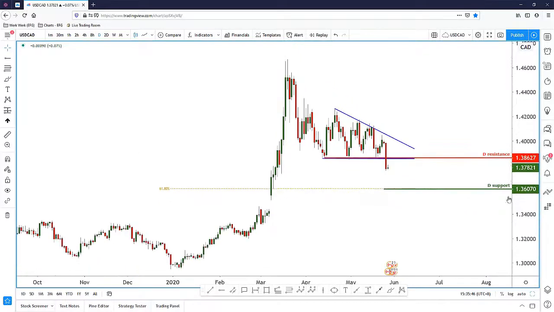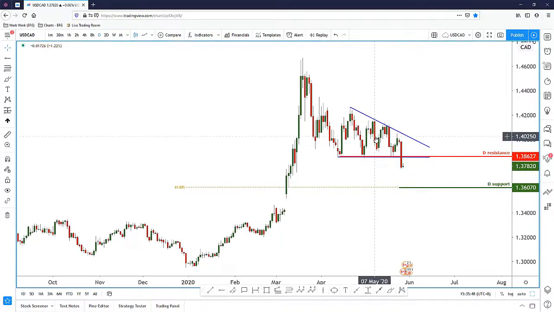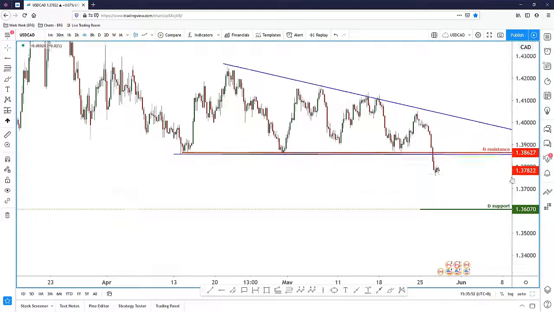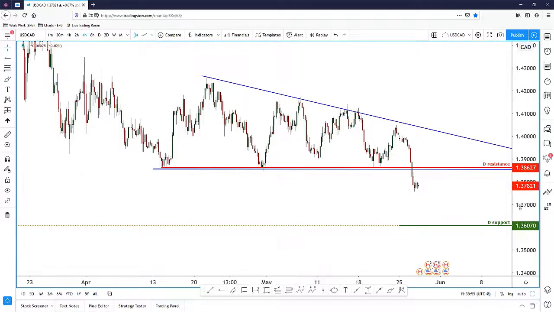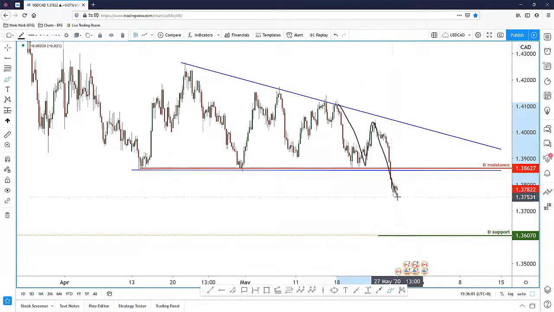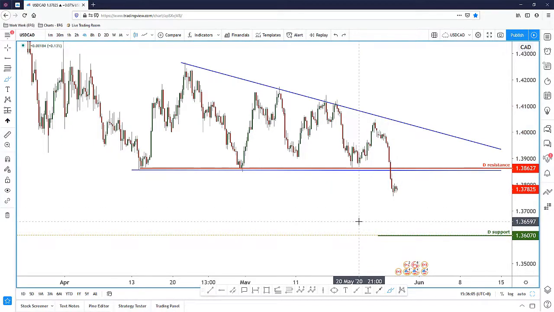Now that we have our daily resistance and daily support, let's go down to the 4 hours. On the 4 hours, it's very interesting to see that price has sort of made a zigzag pattern, right? So we want to see how far price can go down. Let me just tidy this up first.